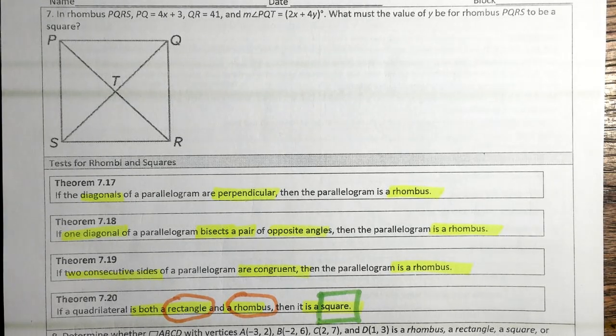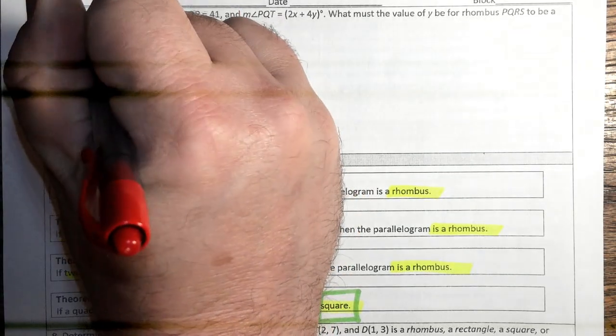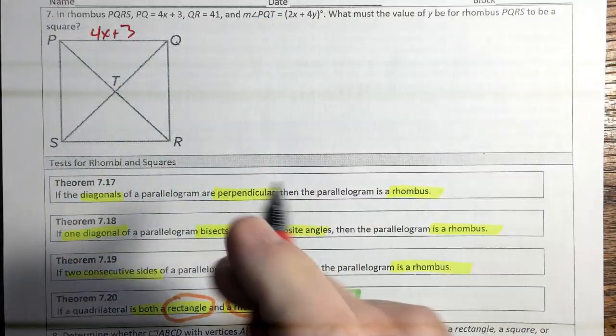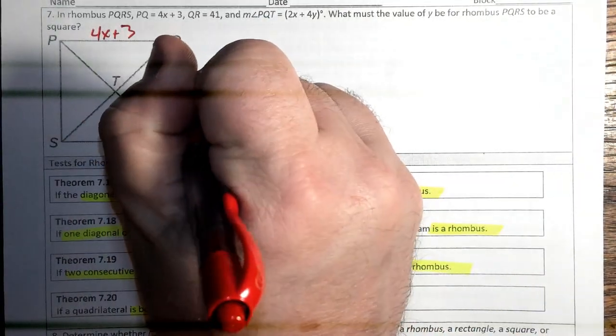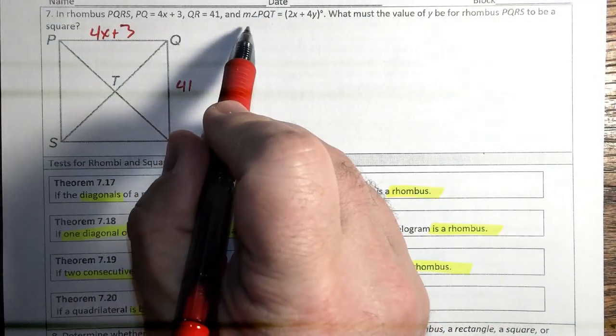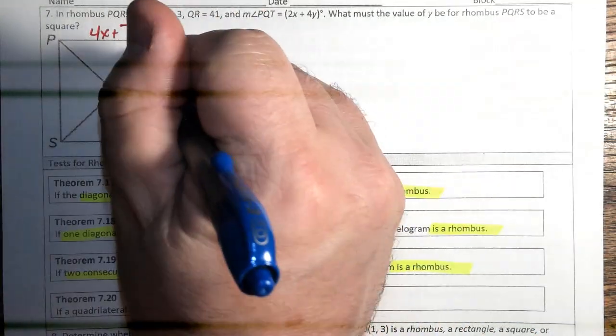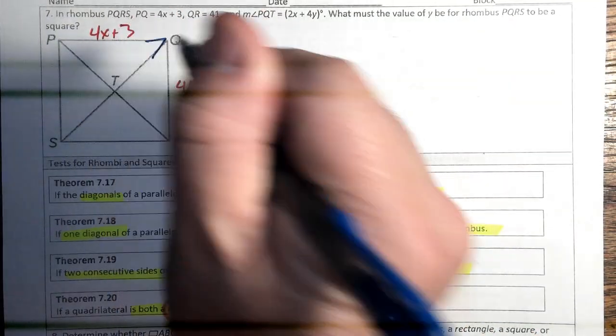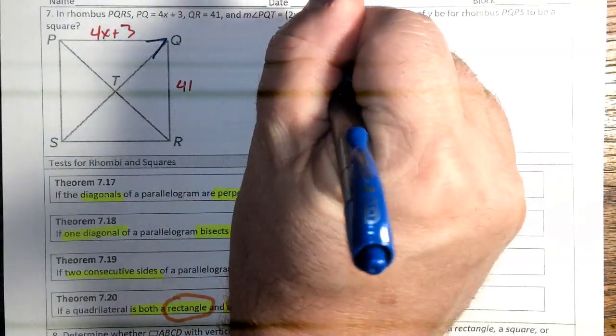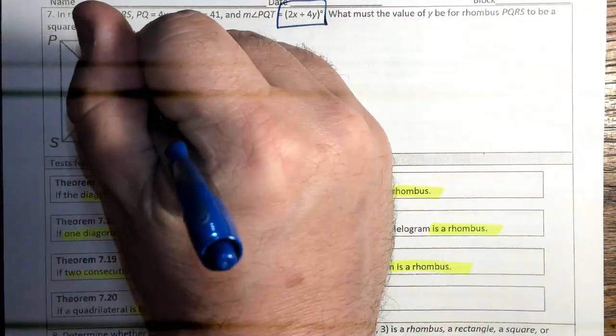So, in rhombus PQRS, PQ is 4x plus 3, and QR is 41. The measure of angle PQT, so this guy, is 2x plus 4y.